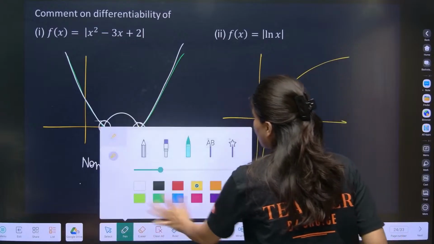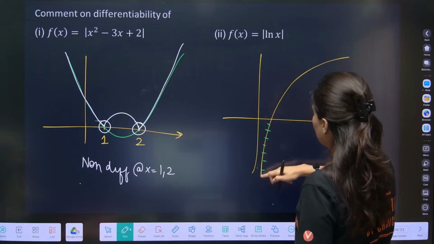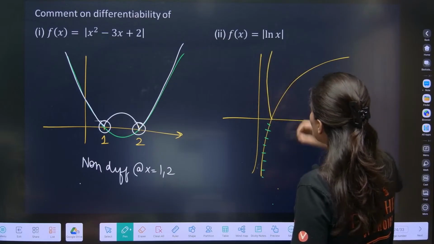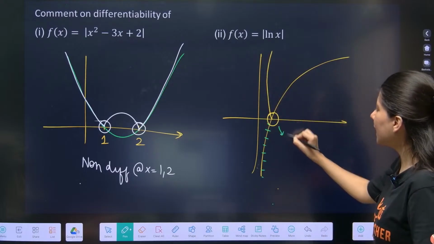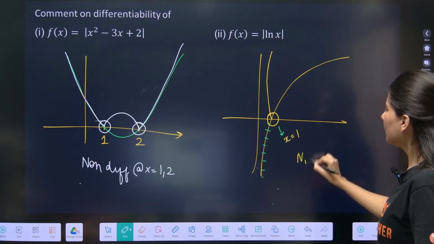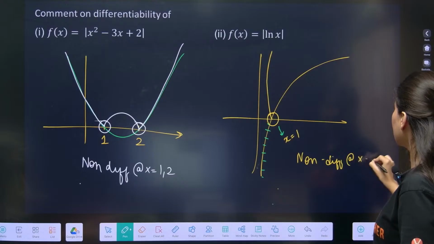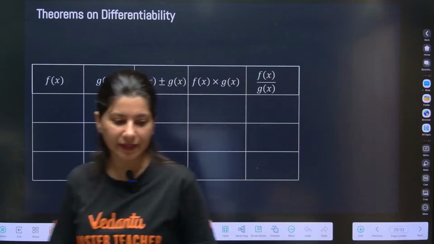If you take mod, you know how to take mod. You have to remove the portion which is below the x-axis and take the mirror image. So this is how it will look, and hence you are going to get a sharp corner. So non-differentiable at x equals 1. Rest everywhere it looks differentiable. Non-differentiable at x equals 1. Okay. All right.